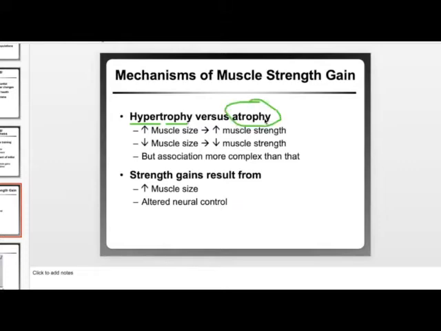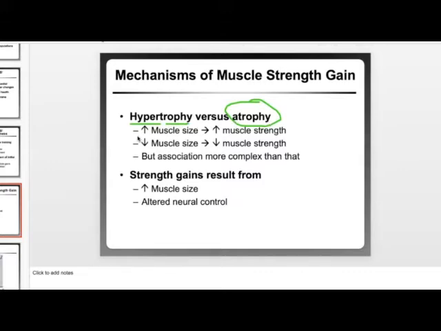Individuals will experience atrophy when they have their hand in a cast, or when they don't exercise, or when they don't have enough fuel, meaning they don't eat enough calories, and therefore their muscles don't have the calories they need to maintain their mass, or the body doesn't have the calories it needs to continue to function. So eventually what's going to happen is the body is going to atrophy because the body is using its own muscle for fuel. So muscle growth versus muscle wasting.